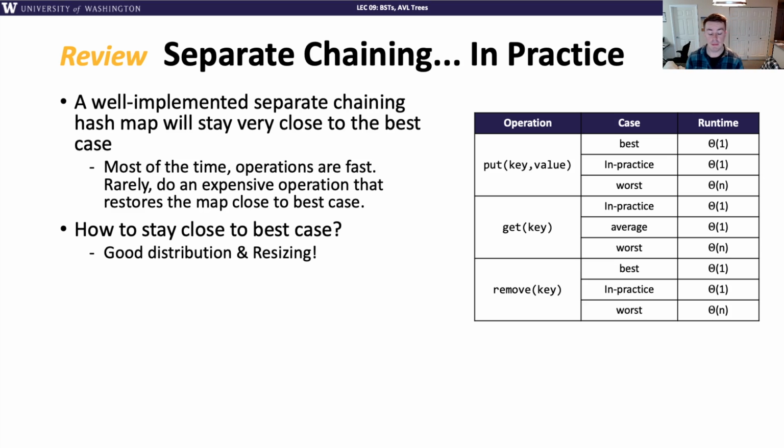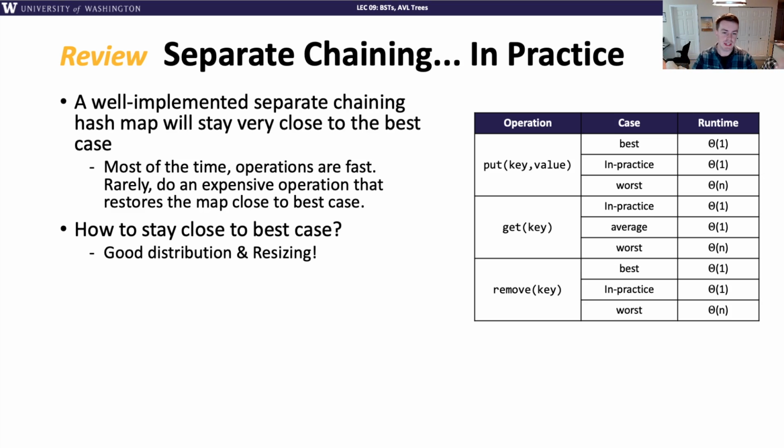We did argue though that for separate chaining, in practice, it's actually really hard to get that worst case to happen. So it's much more common that you're going to be in the in-practice case, which is really close to the best case, basically constant time for all of your operations. To give you some intuition why this happens, we assume we're using a good hash function that distributes the values around evenly.